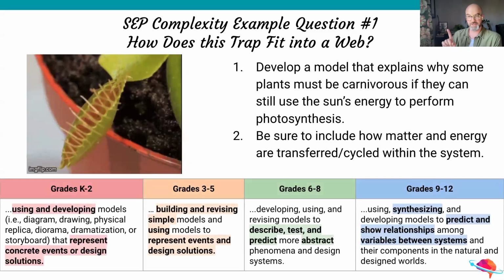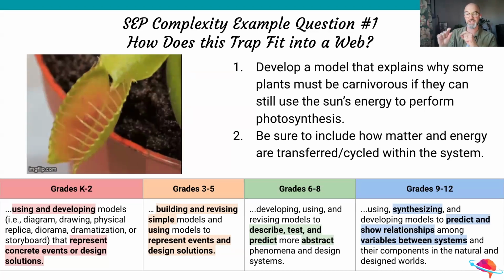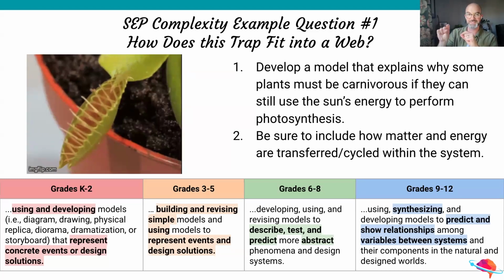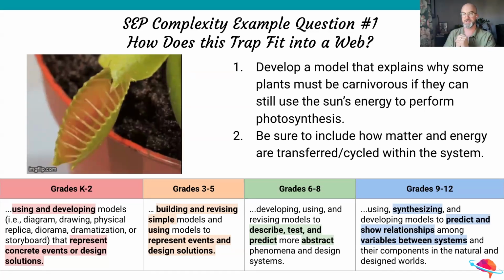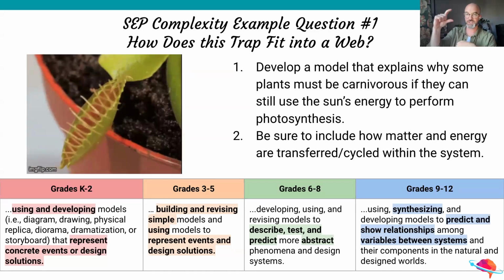You are going to tell me if you think that this question is K-2, 3-5, 6-8, or 9-12. So in the chat, you can write K-2, 3-5, 6-8, or 9-12, and then extra credit if you put why you think that is correct. So take a couple minutes, read these questions, and then write down K-2, 3-5, 6-8, or 9-12 in the chat. Extra credit if you put why.